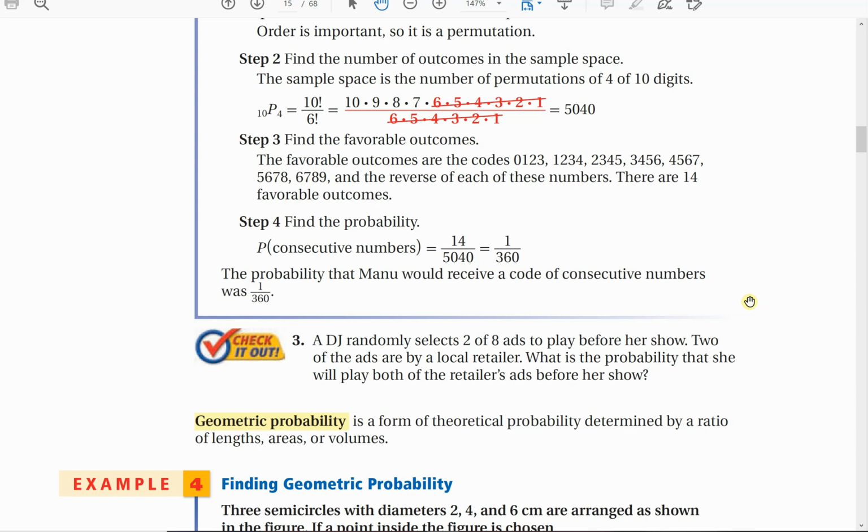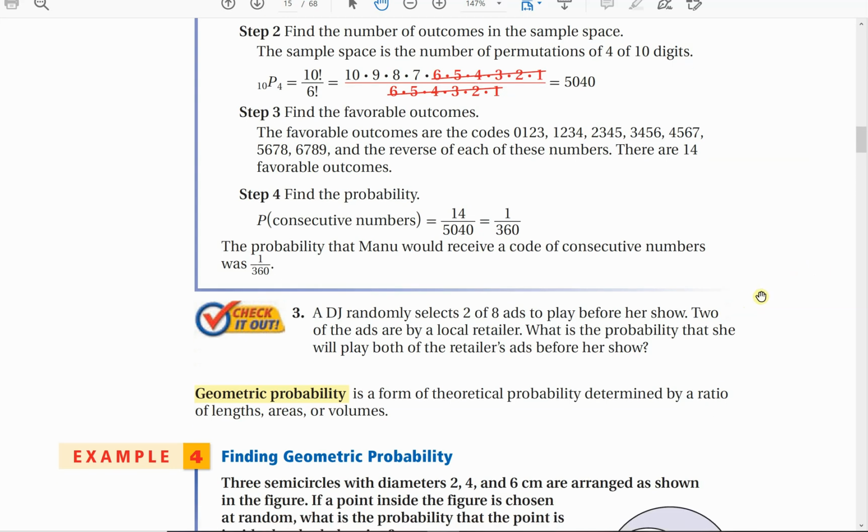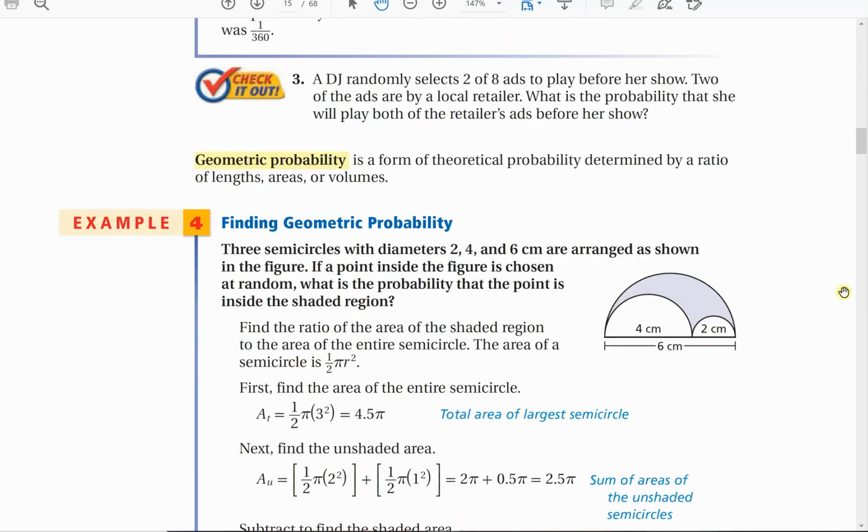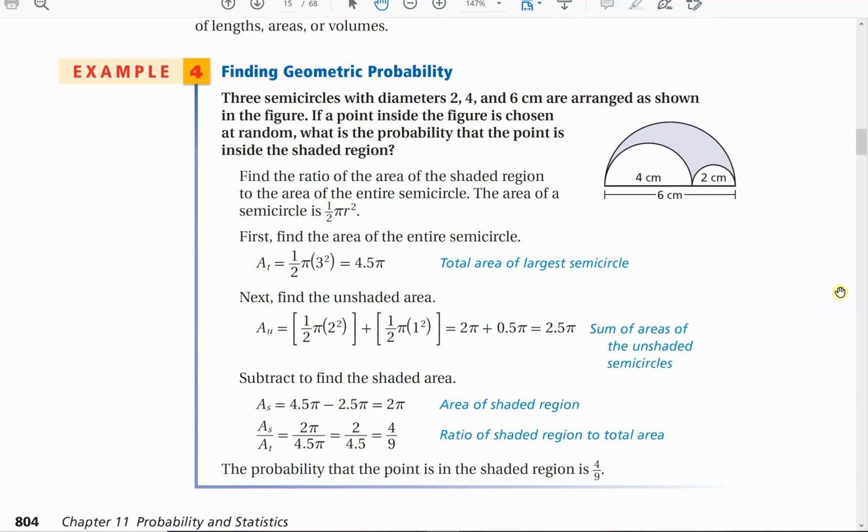There's geometric probability, which isn't in your note sheet either. This is a form of probability that's a ratio using lengths, areas, and volumes, like this rather bizarre looking figure here. All right, 3 semicircles with diameters of 2, 4, and 6 centimeters are arranged as shown. What is the probability at random that a point is inside this shaded region?